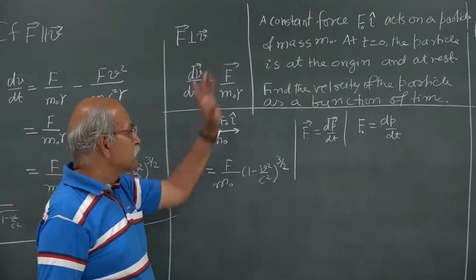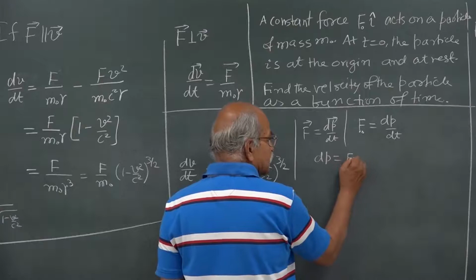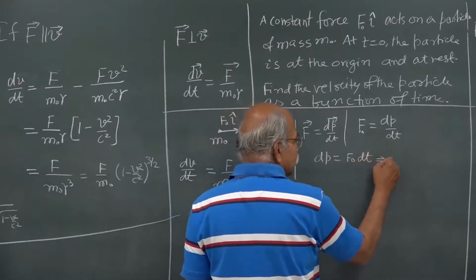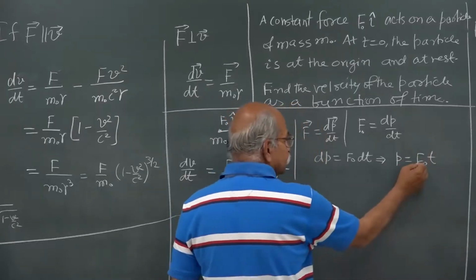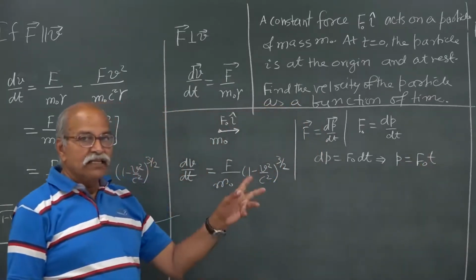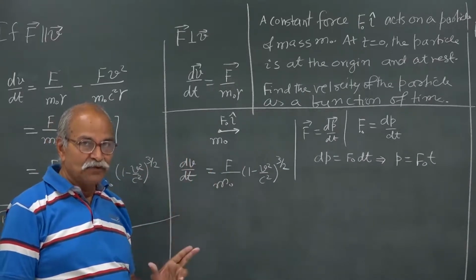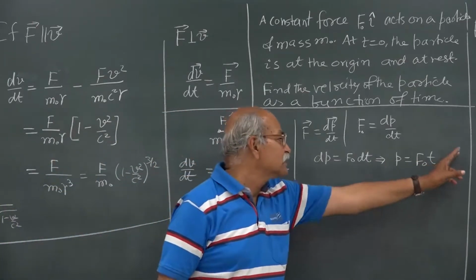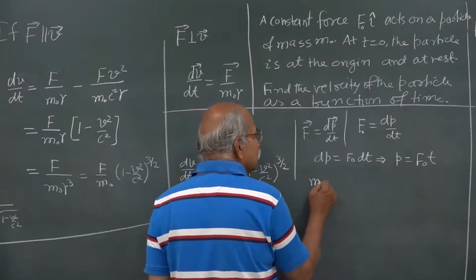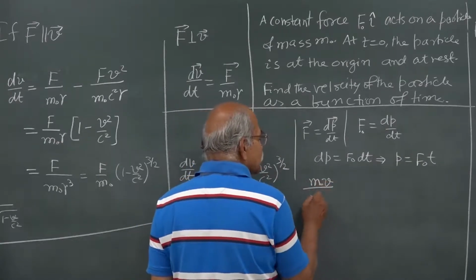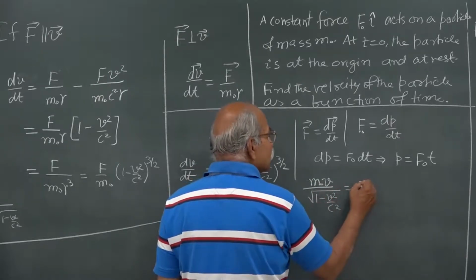Therefore dp is just F naught dt, and hence p is F naught times t. Initially at t equal to 0, velocity is 0, and therefore the linear momentum is also 0, so that integration constant is 0, and p is F naught t. And what is p? p is m naught v divided by square root of 1 minus v square by c square, and this is equal to F naught t.